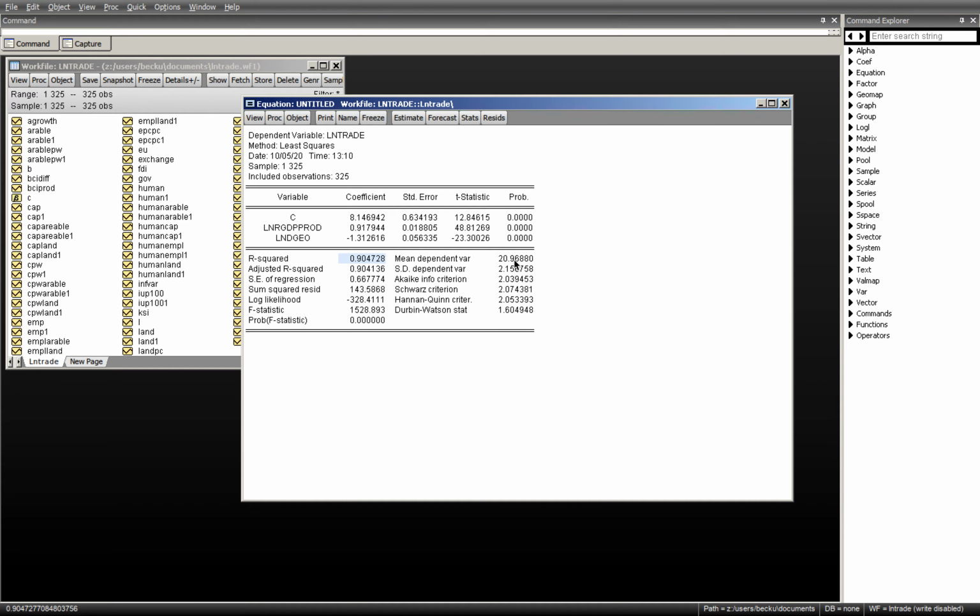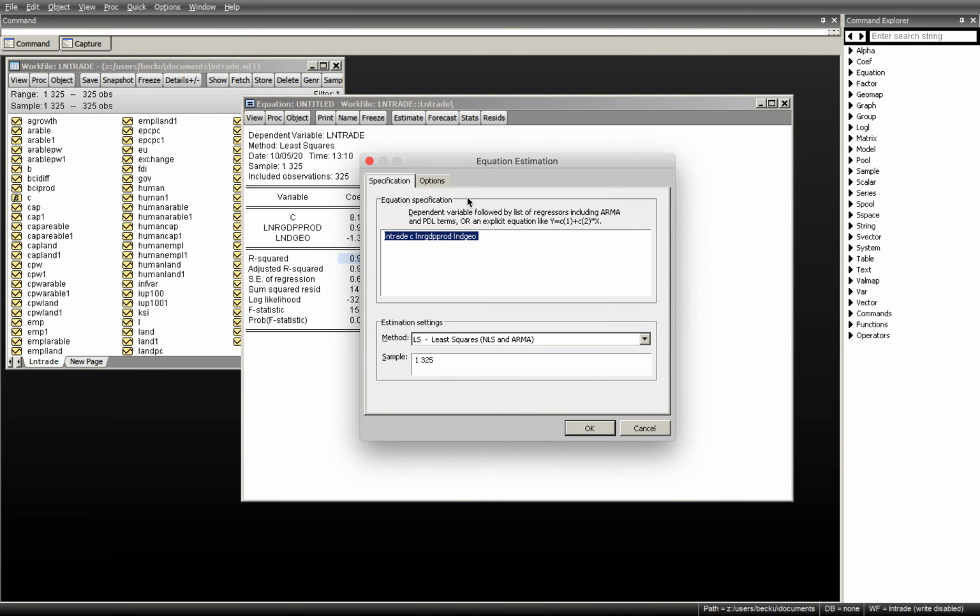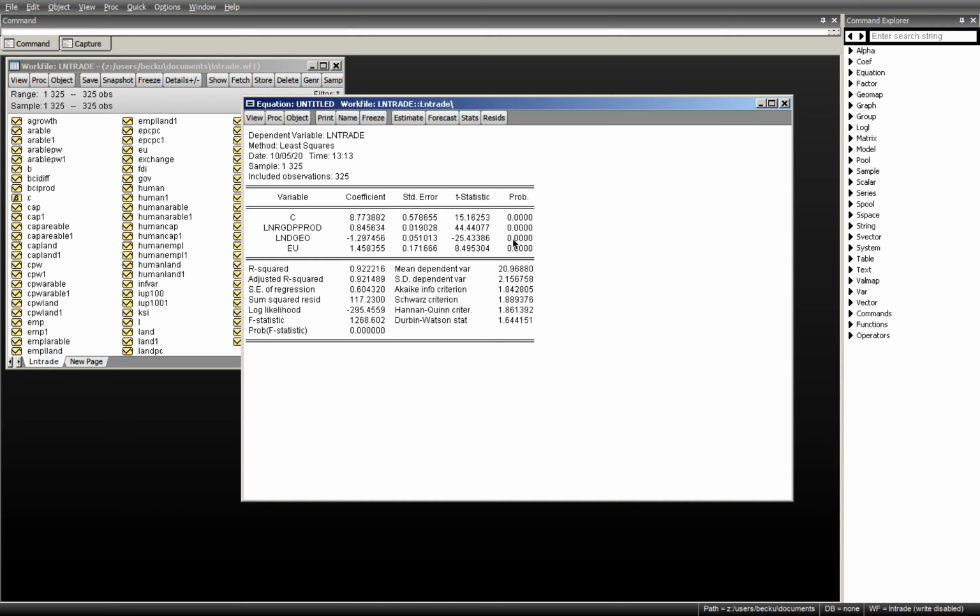This is why this model is so popular, because it works really, really well. And as you will learn, because you will be doing a similar model for your paper, it doesn't really matter which set of countries in which year you choose. The model simply works. Okay, so now let's check the impact of some other variables. What can we add here? Let's start with European Union membership. We expected that having been in the European Union is associated with lower tariffs, so it should have a positive impact on trade, and this is what we get.